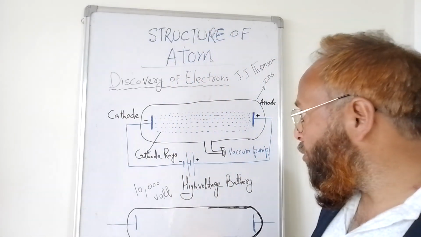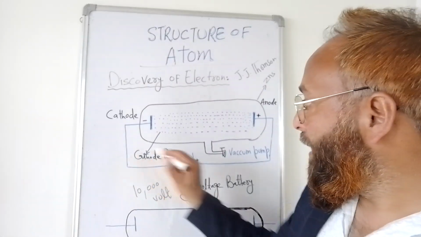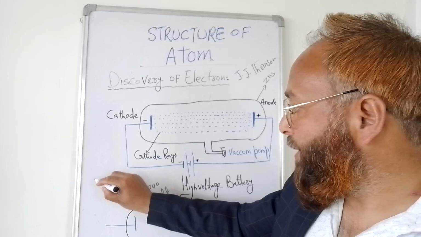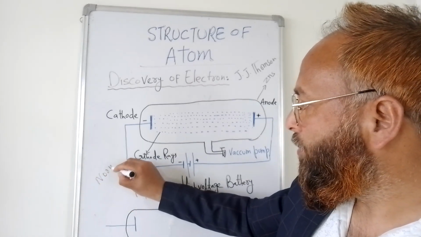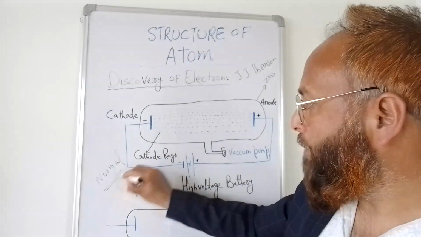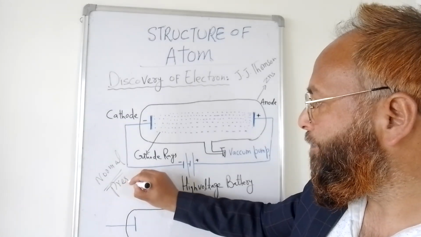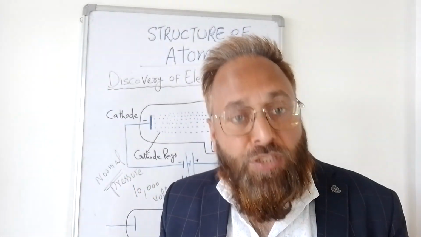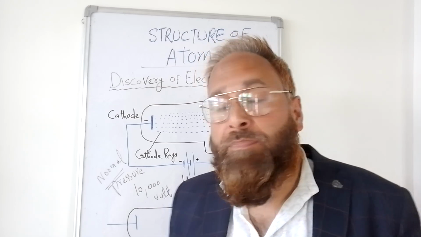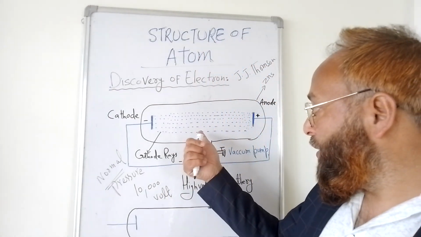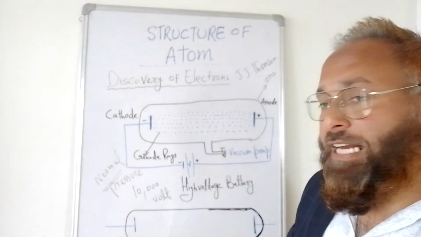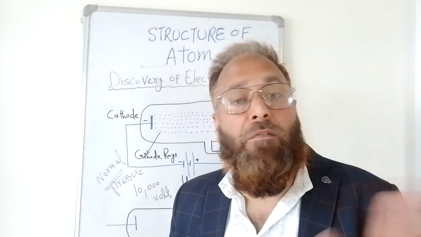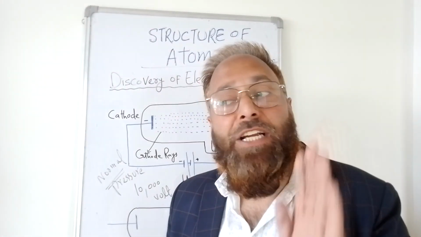When 10,000 volt is applied to the discharge tube experiment at normal pressure, and you should keep in mind normal pressure, there will be no conduction of gases, not showing any kind of change.